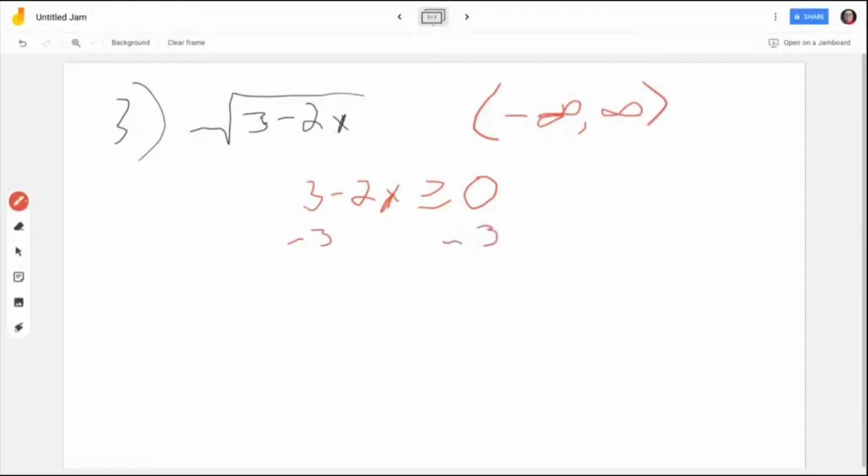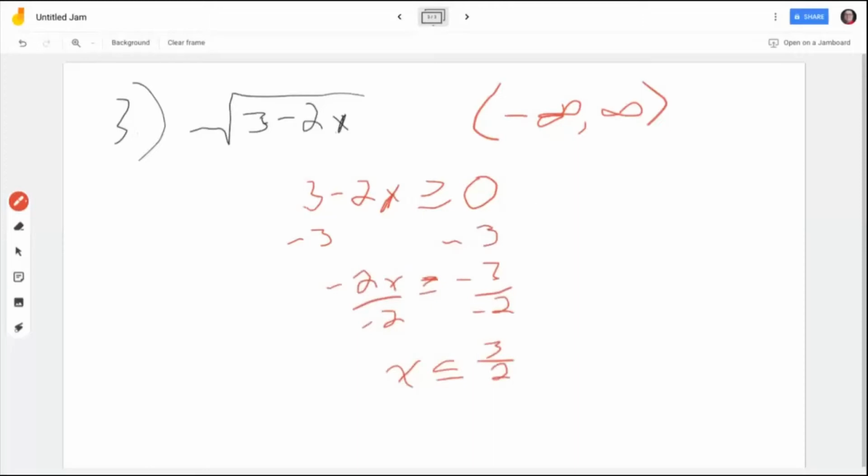And then we'll have negative 2x is greater than or equal to negative 3. And we'll divide by negative 2, which is going to switch the inequality. And so we'll have x is less than or equal to 3/2.